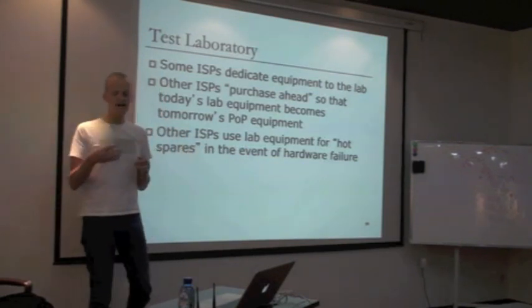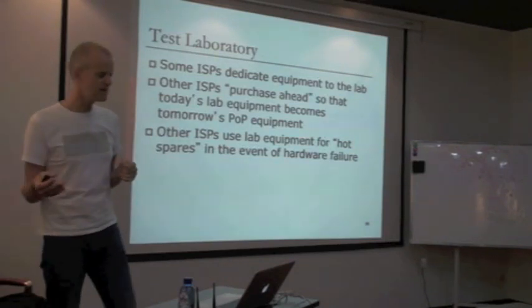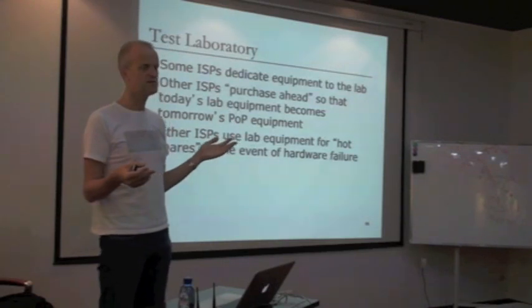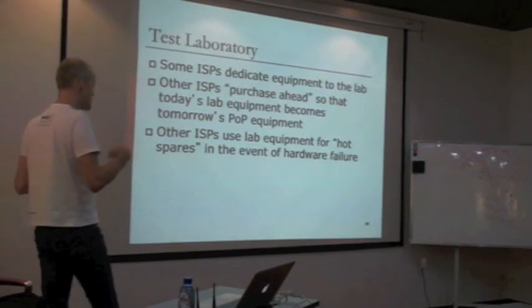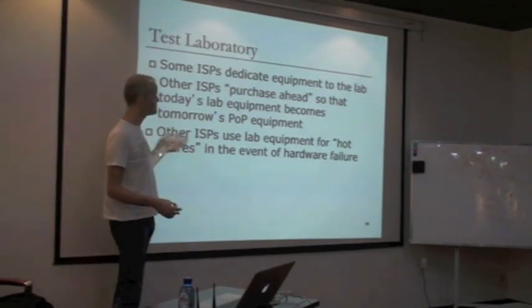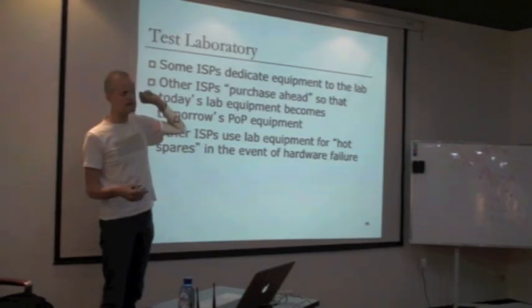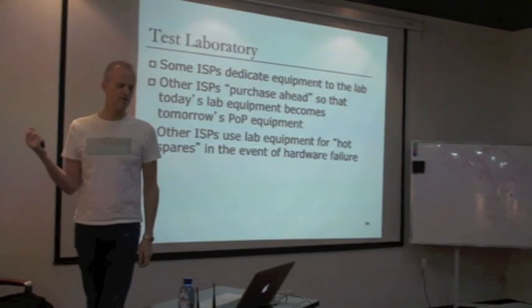So rather than buying a 24/7 break-fix contract from the vendor, they just buy a break-fix. So if things break, you send it back to factory and get it fixed. They buy extra equipment and they leave it running in the lab. If something breaks in the network, they take equipment out of the lab, it goes into the network, and they send the other part back for repair.